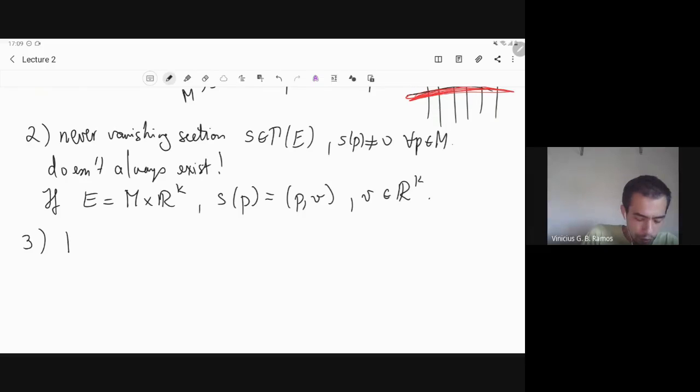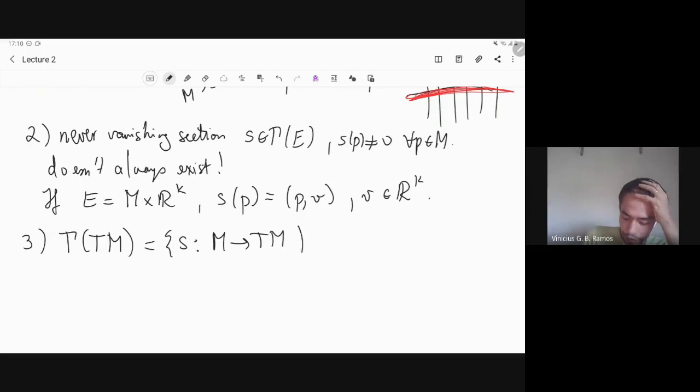So what is a section of the tangent bundle? Well, a section of the tangent bundle is a map from M to TM such that S of P is a tangent vector at P. This is called a vector field. That means for every point of M, I choose a vector, and I want this map to vary smoothly.